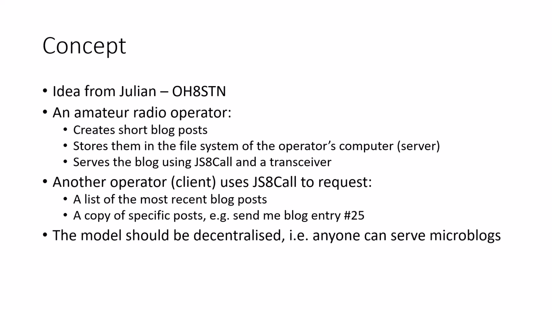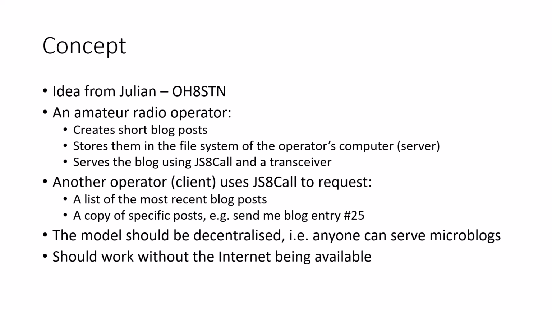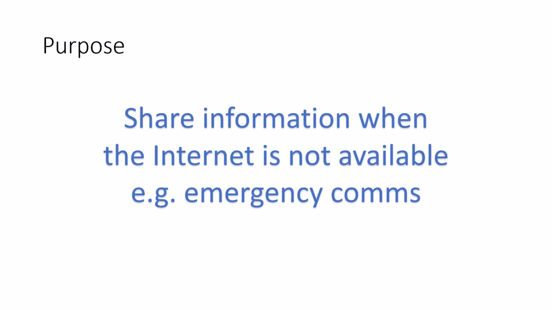Julian proposed that the whole model should be decentralized so that anyone can serve up microblogs. And most importantly, it needs to work without the internet being available. This is particularly useful when you come to what we foresee as being a primary reason for using this, which is emergency comms.